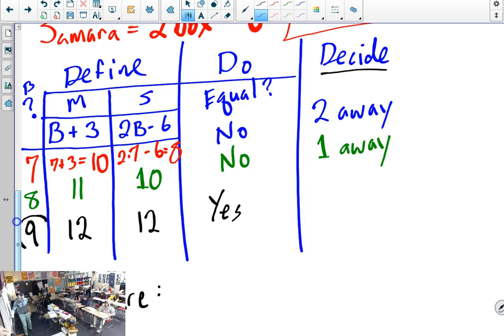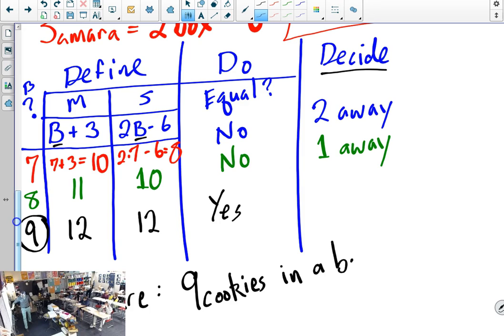It did what we wanted, but what were we looking for? Sonny, how many cookies are in a box? We were trying to solve how many cookies in a box. So we have 9 cookies in a box.